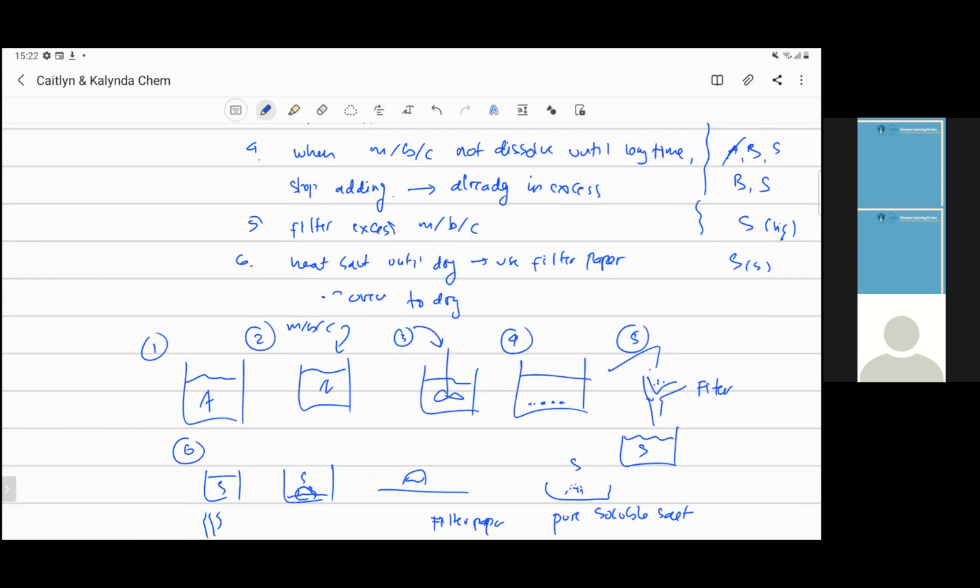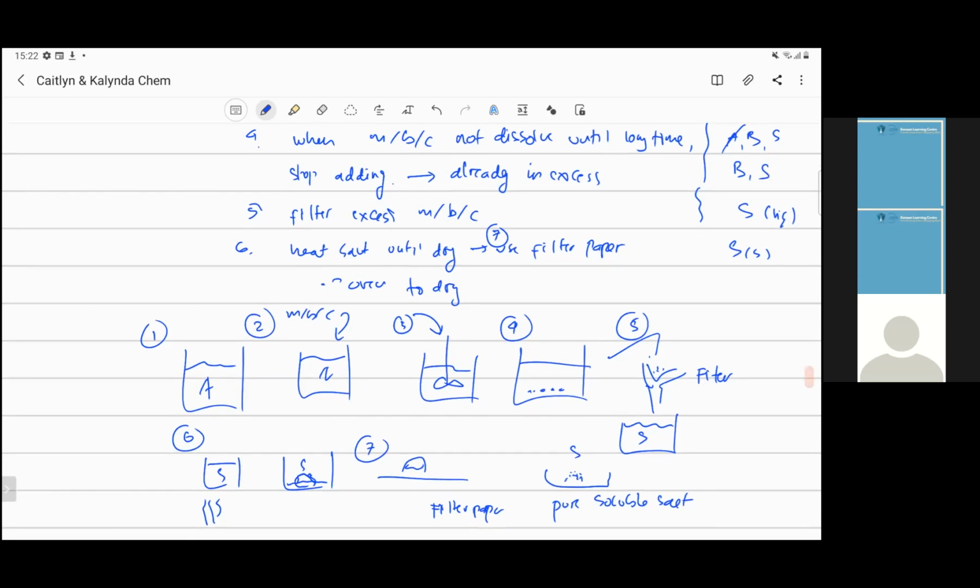Oh, sorry. Use filter paper is usually step number 7. My bad. Oven to dry, if you have them. That's optional. Okay, that's it.